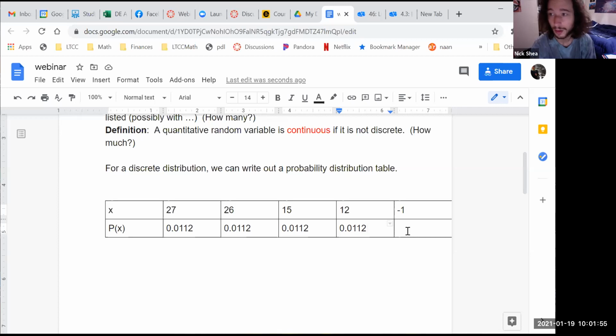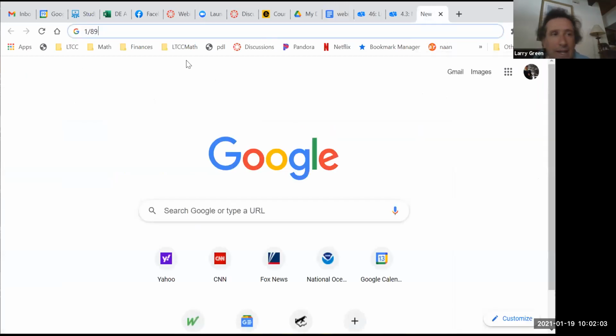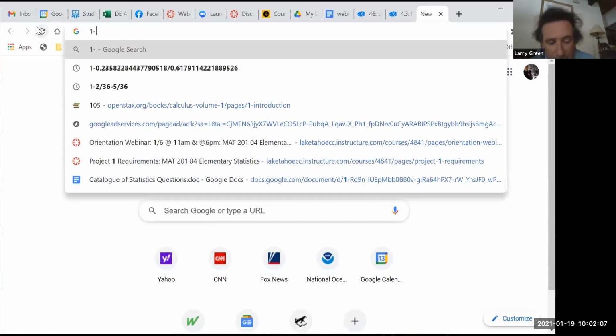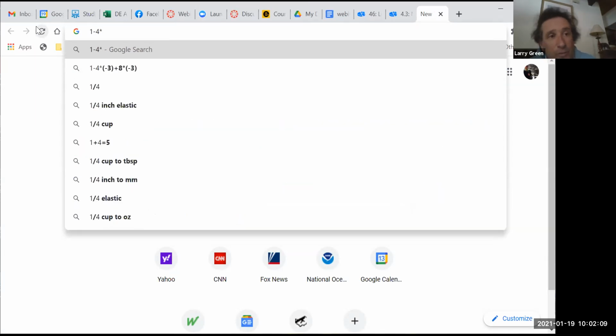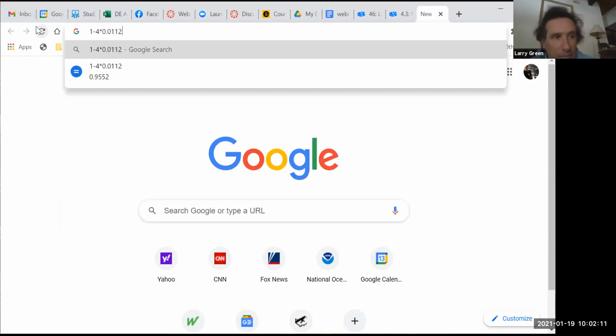So I could take 1 minus the sum of those 4 numbers. Do you see that? So I can take 1 minus 4 times, because there were 4 that were all the same, 0.0112, and you get 0.9552. Any questions on that?